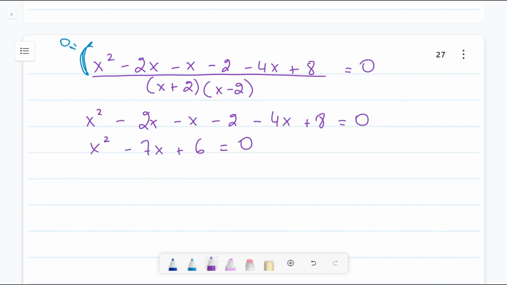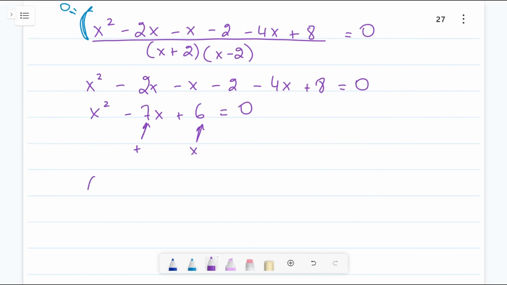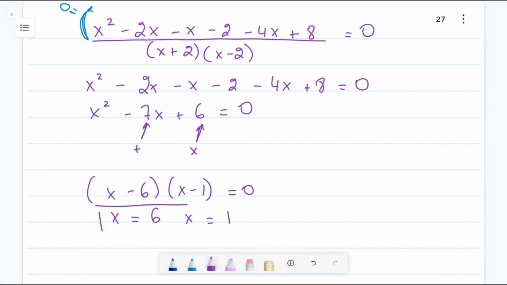So what two numbers, if multiplied, give us 6, and if added up, give us negative 7? These numbers are negative 6 and negative 1. So now our answer is x equals to 6 or x equals to 1.